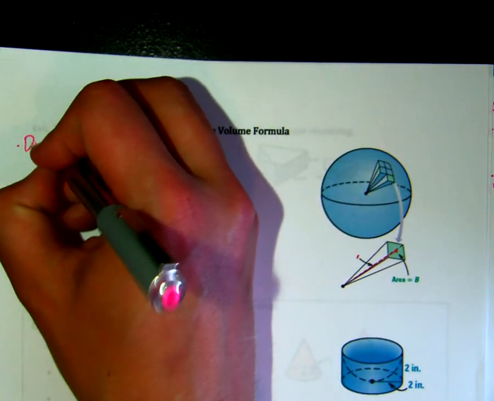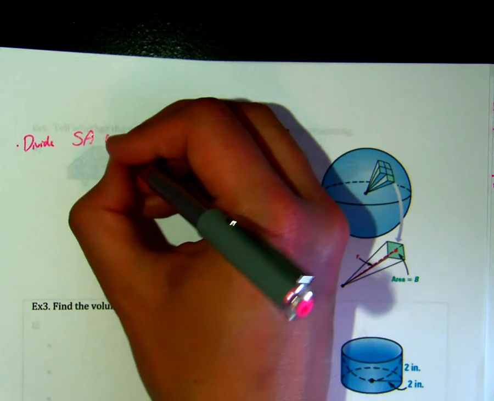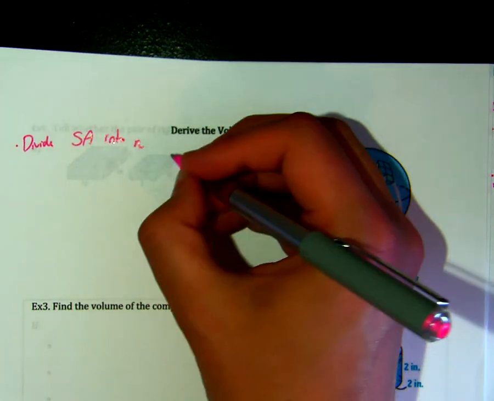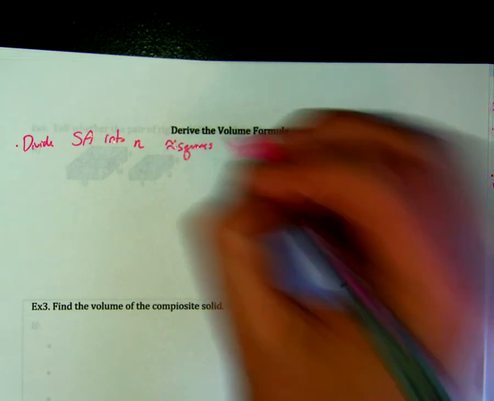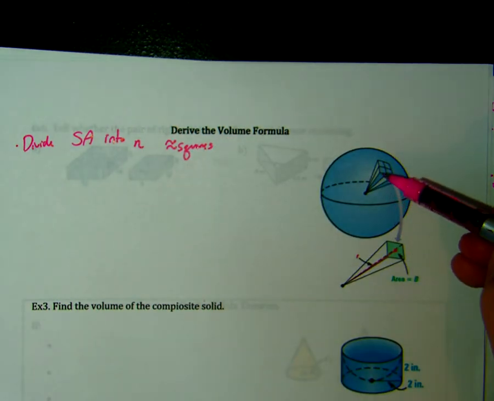We're going to divide the surface area into n things that are approximately squares. Now they're not perfect squares because they are on a curved surface.